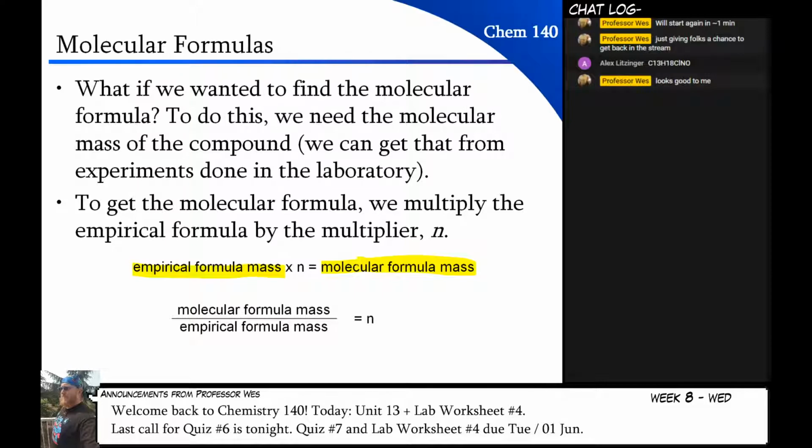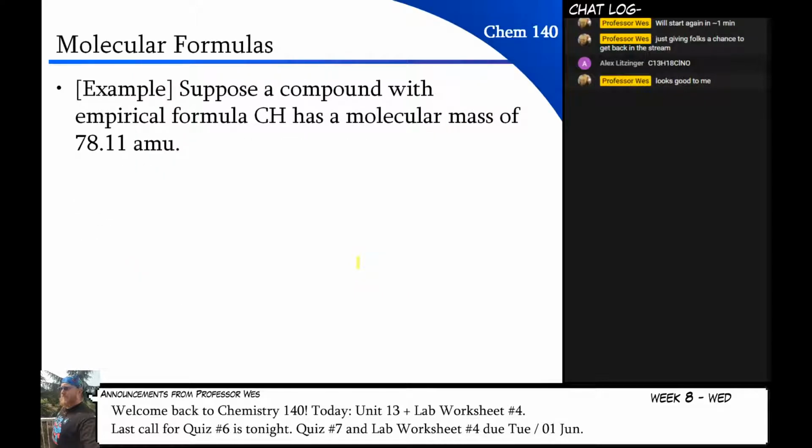Now, if I multiply the mass by the multiplier to get the molecular mass, I should be able to do the same thing for the formula. So, for instance, let's suppose that I have done an empirical formula problem, and this was my answer, CH. And then I weigh the compound in the mass spec, and I learn that it weighs 78.11 AMU, or 78.11 grams per mole.